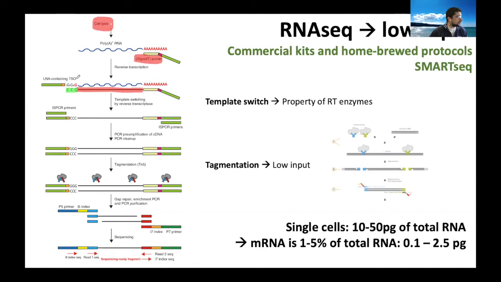In the presence of an oligonucleotide that we call TSO, which stands for template switch oligo, which has a terminal GGG sequence, the reverse transcriptase sees this pairing between the TSO and the 3 cytosines you just added, and it has this template switch mechanism.